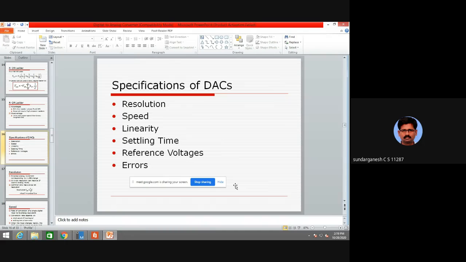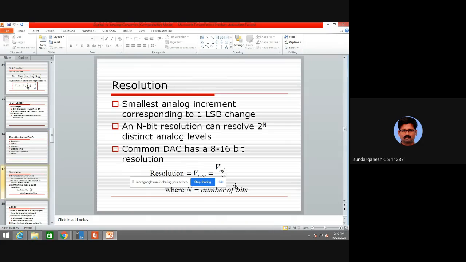So what are the specifications of a DAC? We have seen the two types. When you specify DACs, you have to specify in terms of the following parameters: resolution, speed, linearity, settling time, reference voltages, and errors. Resolution is the smallest analog increment corresponding to one LSB change.